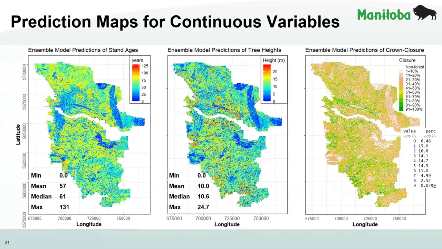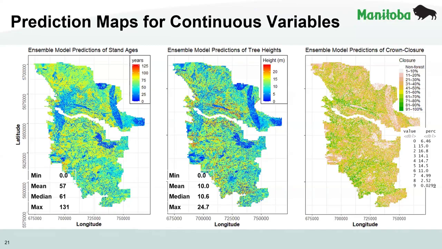After we trained our models, we used the best model to predict on the entire area of interest. The maps here are the prediction maps for the continuous variables such as age, height, and crown closure.